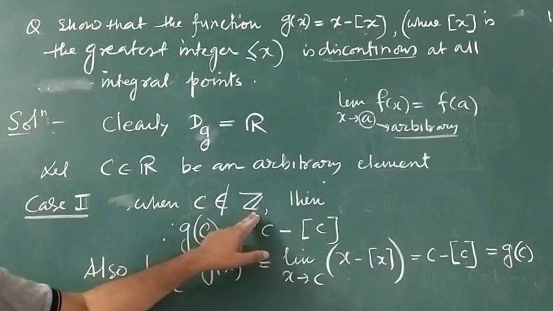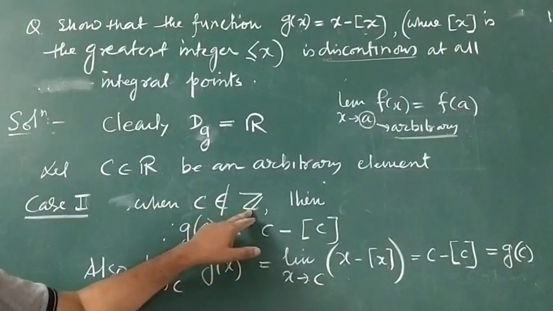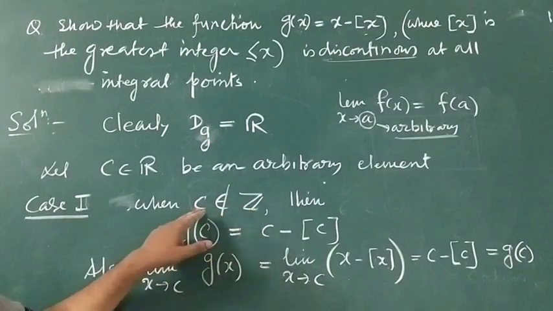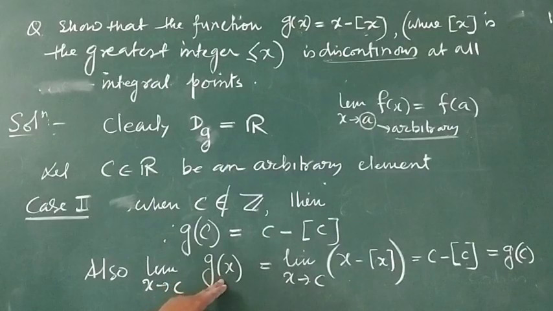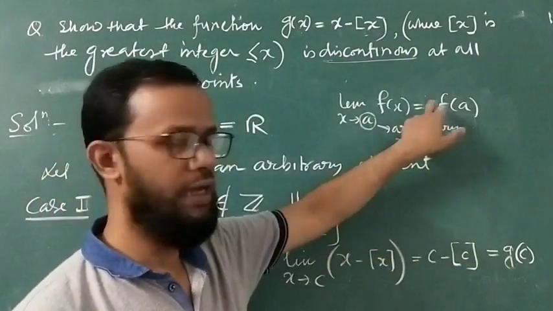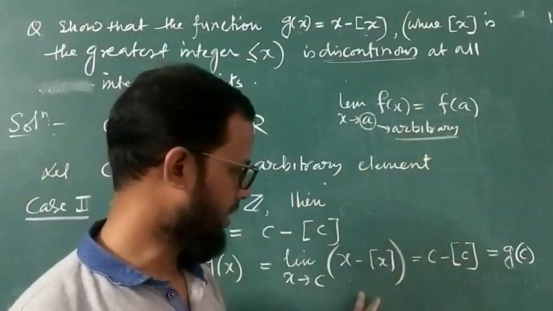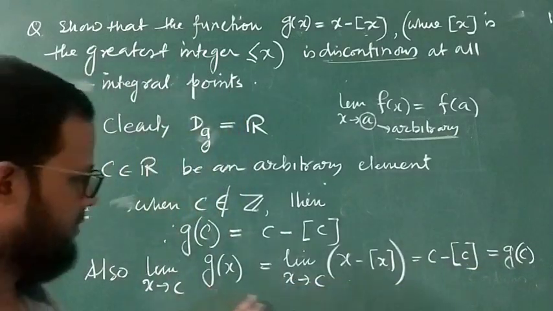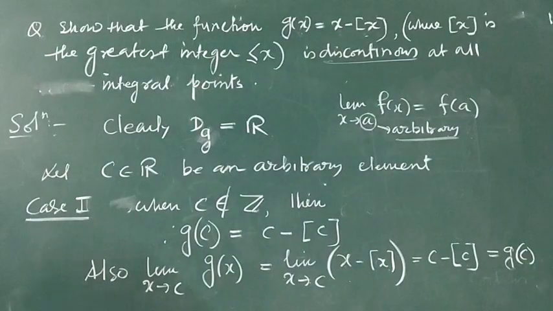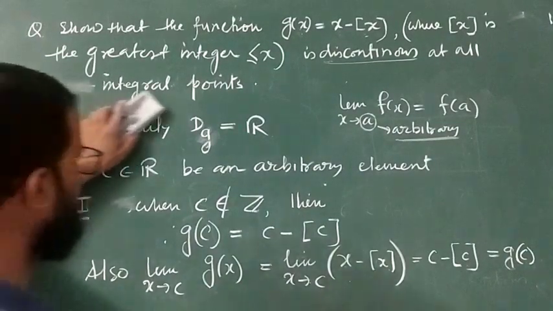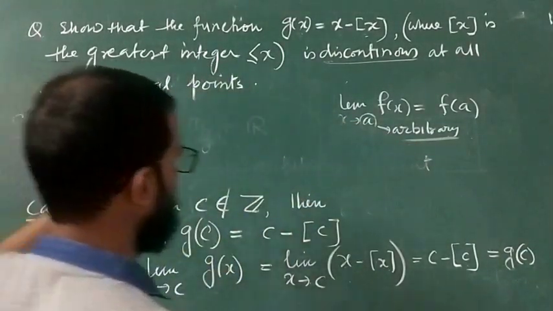C is a non-integer, and there are infinitely many non-integers, so C is arbitrary. So we use the limit as x tends to C of G of x equals G of C. That is the formula I am interested in. I have shown that the limit as x tends to C of G of x is equal to G of C, and therefore we can say that G is continuous at C.